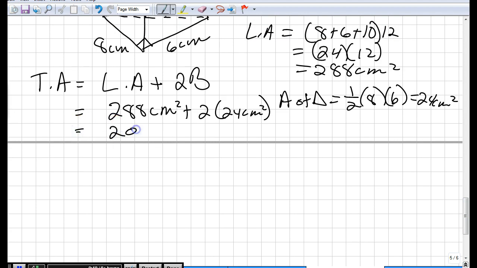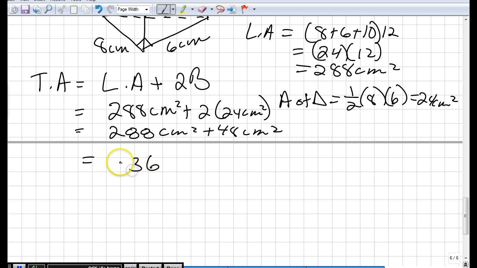Okay, so it's 288 centimeters squared plus 48 centimeters squared. And so the total area is 336 centimeters squared.